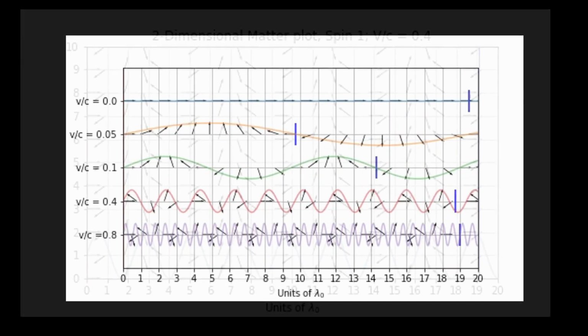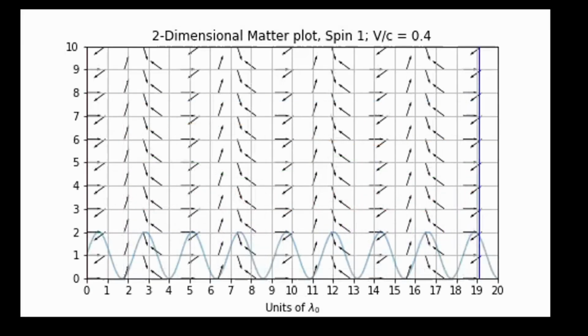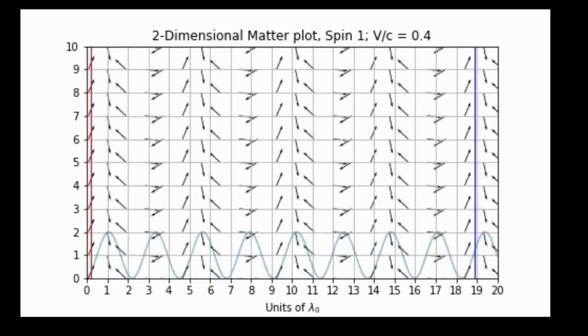Moving on to the next animation, we are now looking down, as it were, onto a physical grid, and we are only considering a relativistic velocity of 0.4. The purpose of this animation is to illustrate how phase harmony is working in 2 dimensions.